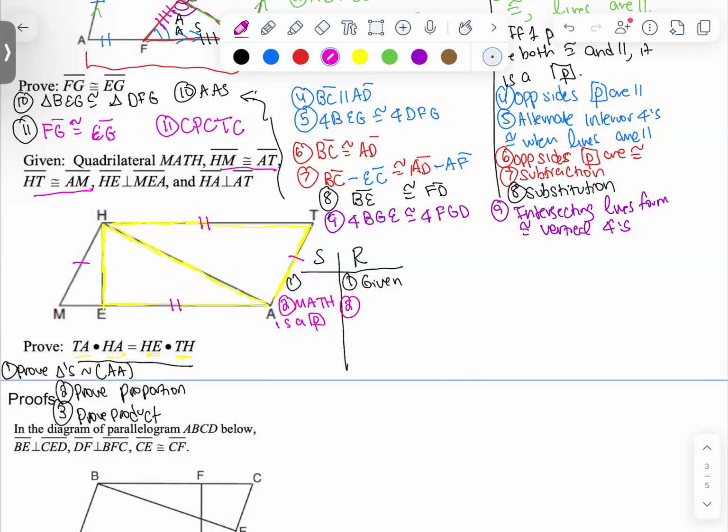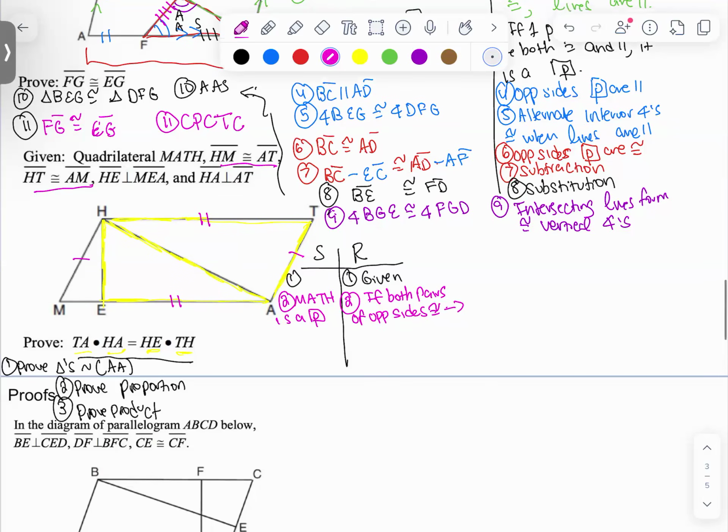And I know that because if both pairs of opposite sides are congruent, then the quadrilateral is a parallelogram. And now I can say that HT is parallel to MA, since it's a parallelogram, I know that opposite sides of a parallelogram are parallel.